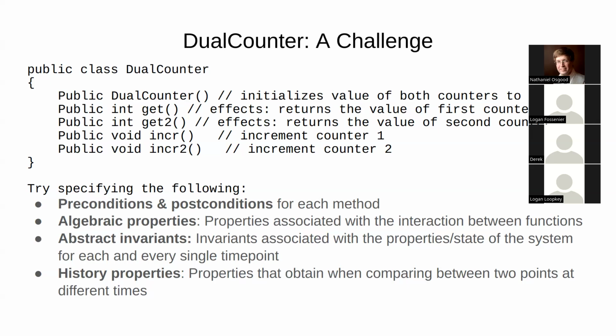Good question. Algebraic properties are going to characterize, it's a fair thing to say, that you do these things and it's equal to doing those things. For example, you call reverse twice on a string, it's the same thing as doing nothing on that string, the string itself.